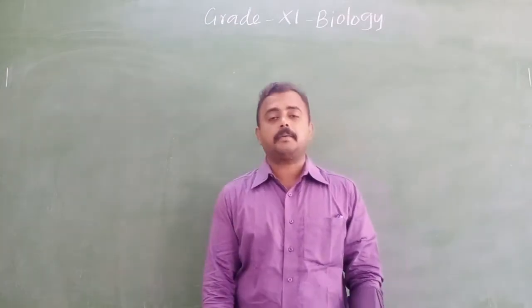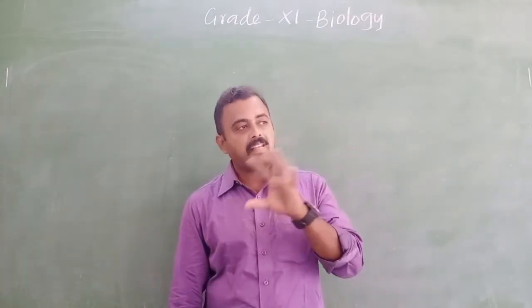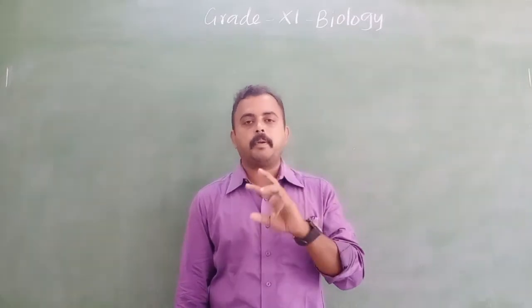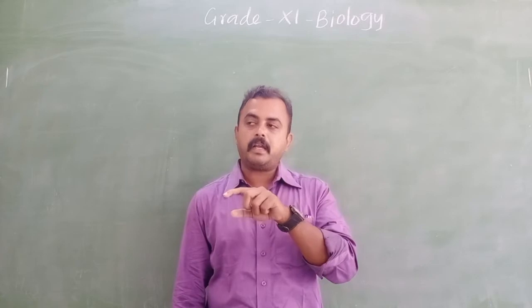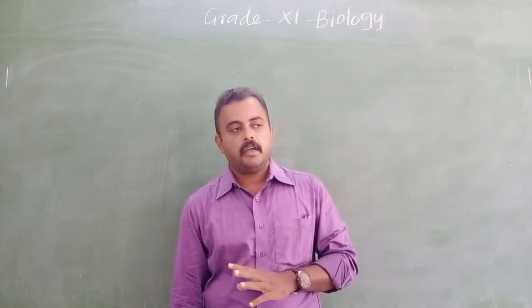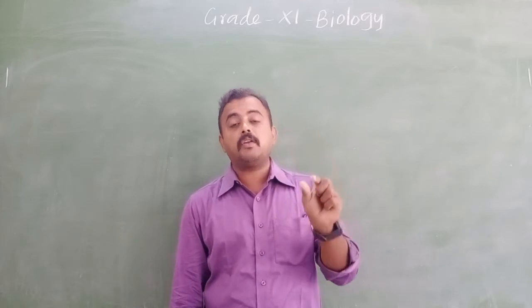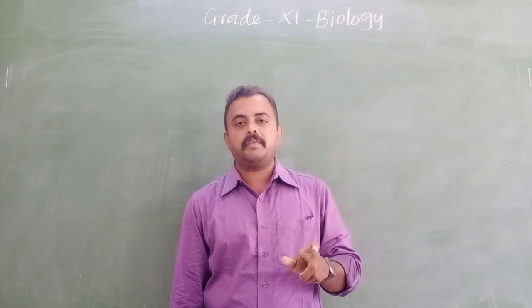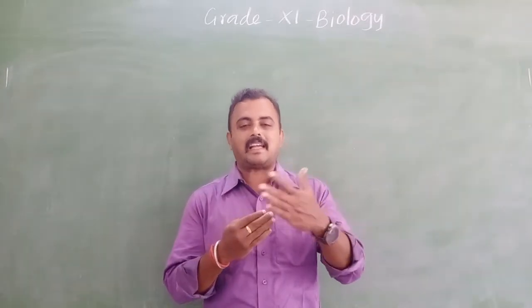The next thing, the lungs are covered by a layer, the pleura. There are two membranes, the internal and external pleural membranes, the inner and outer. In between there is pleural fluid, which reduces the friction between the thoracic cavity and lungs.